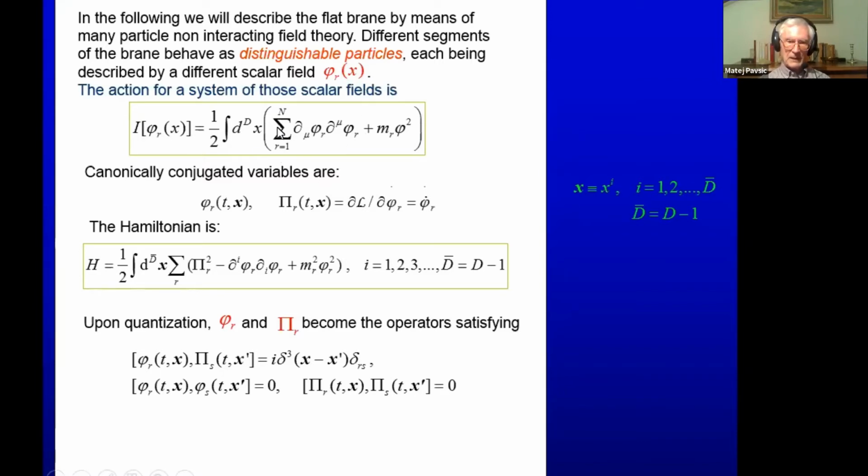So now you have a sum instead of integration. These are variables, fields and canonical momenta, which are derivatives with respect to velocities. I think that here there should be a dot. Derivative with respect to velocity gives you momentum, which in this case is just phi dot.